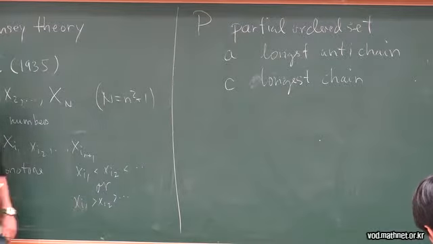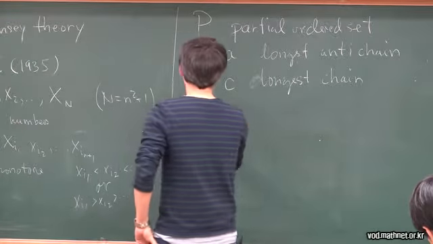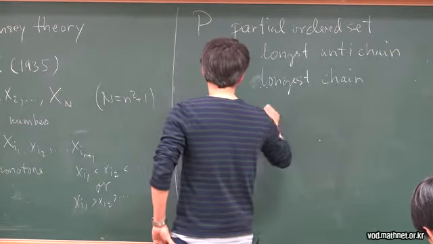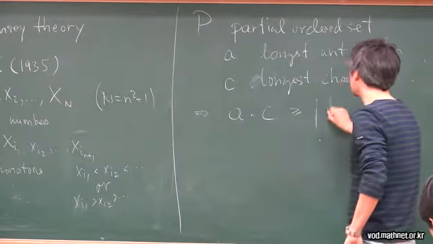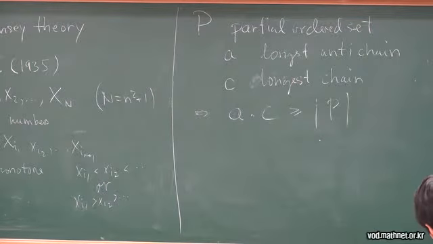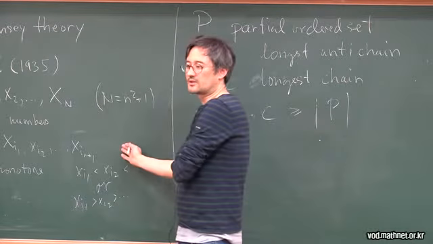Then A times C is always at least the number of elements in the poset. Yeah? This is a generalization of this observation here.